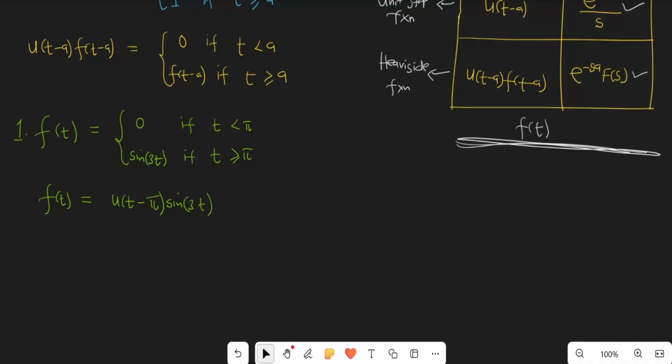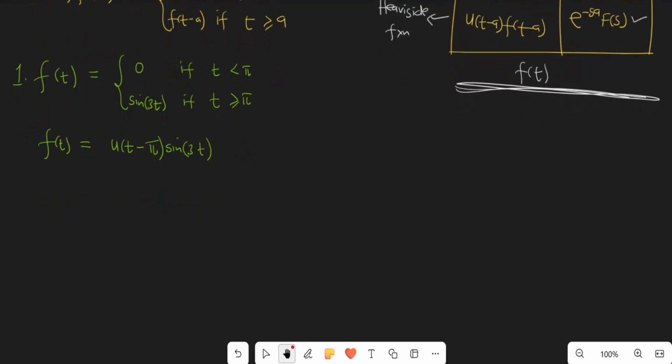We will have to shift this function by pi. Let me go ahead and do that before we can take the Laplace transform. So f of t is equal to u of t minus pi, and then sine of 3t. What I'm going to do is subtract pi, which will conform with this. But I can't just subtract pi, I have to add pi.